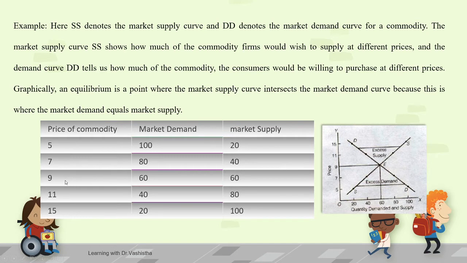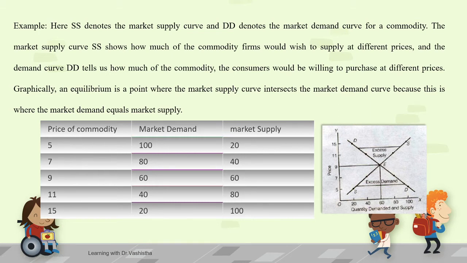In the next unit, when the price is 9, market demand is 60 and market supply is also 60. So this is point E. Here you can see the market demand is equal to the market supply, 60 units.